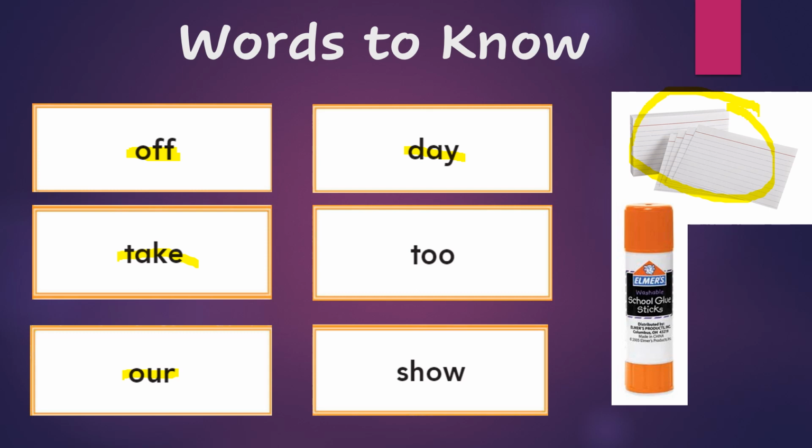Our fifth word is to, T-O-O, to. And our sixth word is show, S-H-O-W, show. Now, glue them onto your cards, and once you're finished, we'll go ahead and review the sounds, spelling, and meaning of each of our words.